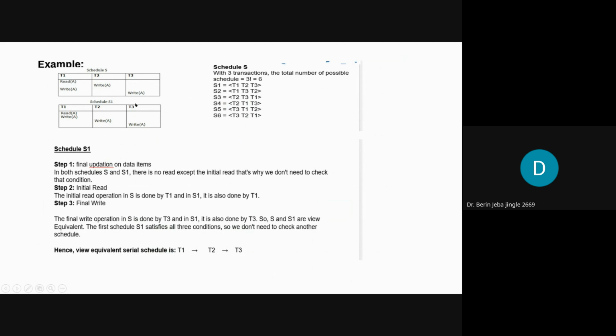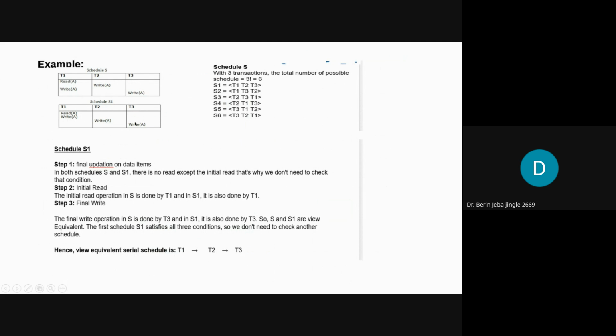Then the second condition, updated read. Here there is no read value at the last, only the final updation on the dataset in both. No read is there, so we need not check the second condition. The third condition is final write.